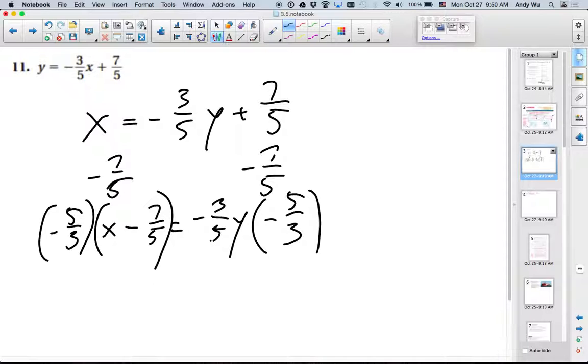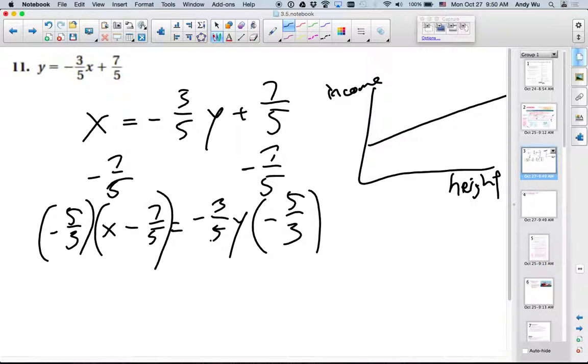So the example we gave in class was, let's say your height to your income. And then the theory goes that you make $700 more every inch taller a year.